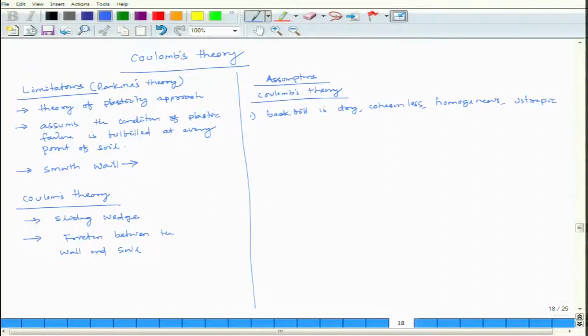Backfill surface is planar, and can be inclined.